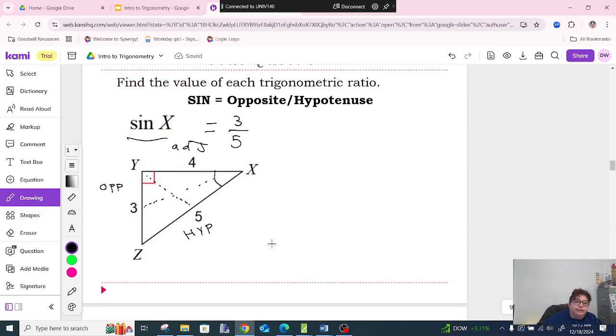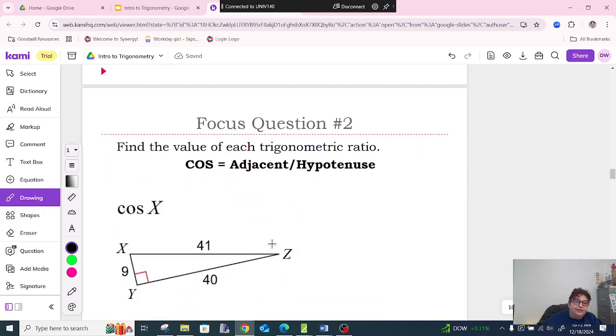So now we're going to go to the next one. Cosine of x. Give the triangle your finger. Where's x? Well, it's right here. It's an angle. Because when it's next to the trig function, you're talking about the angle. So now I'm going to label opposite first, which is, no, it's opposite.